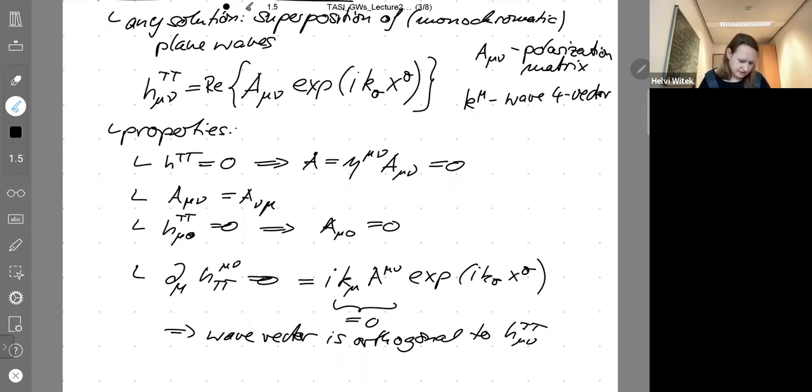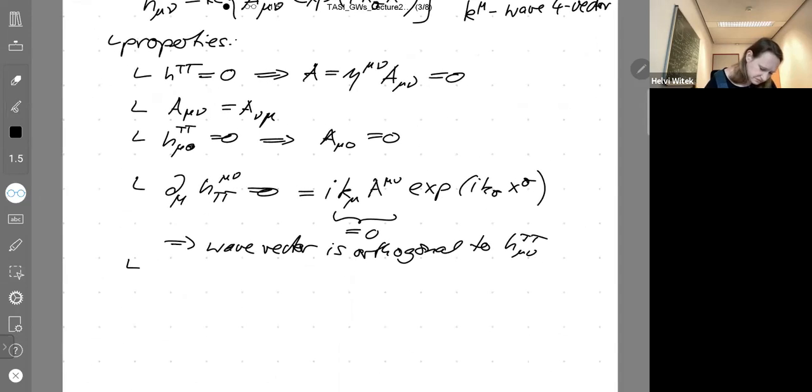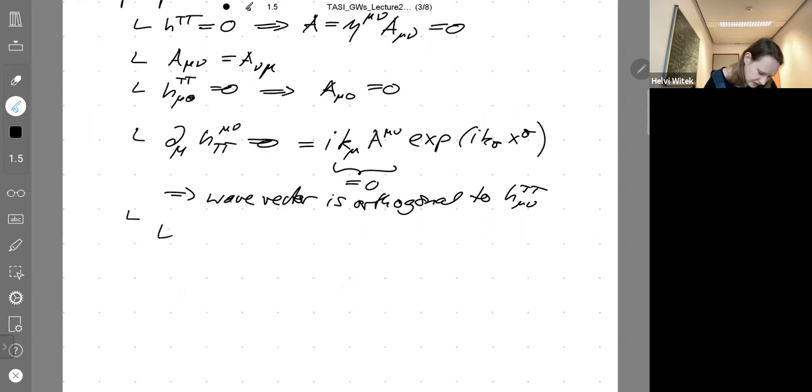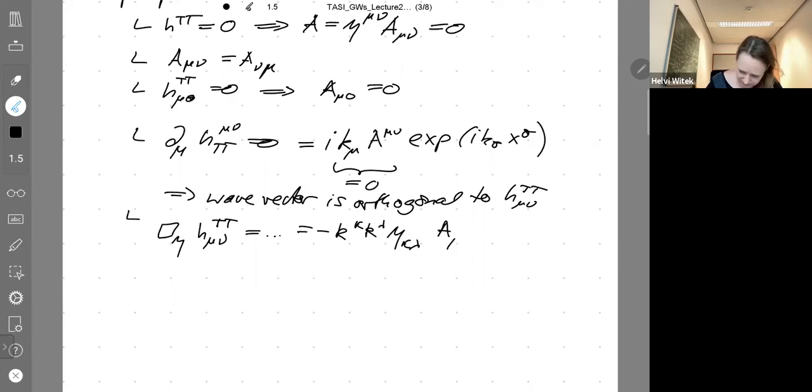The next equation that we can look at is the wave equation itself. Here we have a wave operator acting on h mu nu TT. Again, I'm not inserting everything in detail; you can verify that at home. What we find is minus k kappa k lambda eta kappa lambda, times A mu nu and the exponential.